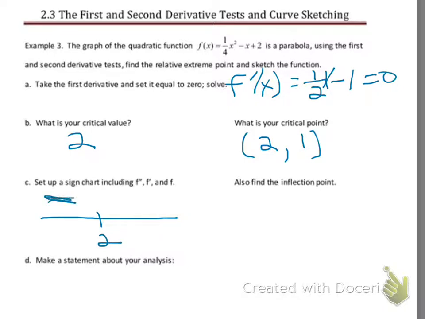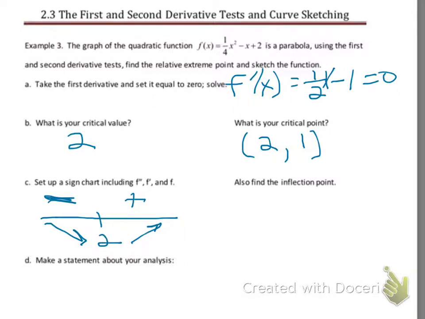Now let's check the other side. If I plug in a 3, 3/2 minus 1 is positive. So this is positive. So my sign does change. If it's negative, the direction is going down. If it's positive, the direction is going up. It looks like I have a min.